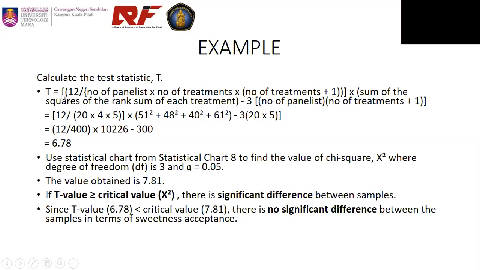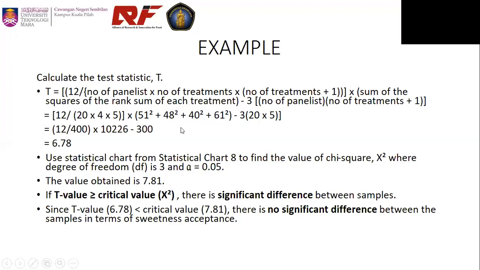It's 12 divided by number of panelists, we have 20, times number of treatments, which is the number of samples, we have 4, times number of treatments plus 1, so 4 plus 1, 5. And then times the sum of the squares of the rank sums of each treatment.